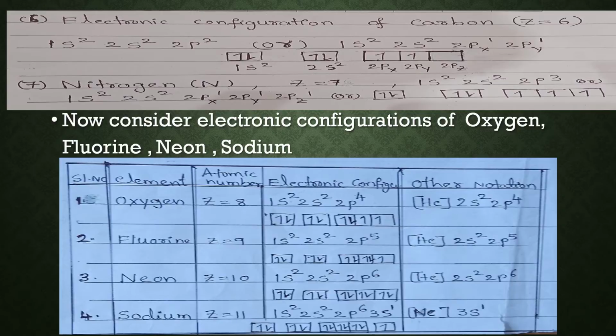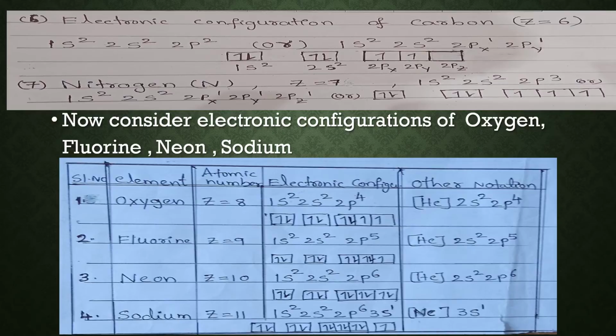Electronic configuration of carbon, Z equals 6. First 2 electrons enter into 1s orbital. Next 2 electrons enter into 2s orbital. The fifth electron goes into one of the 3 2p orbitals of L shell.